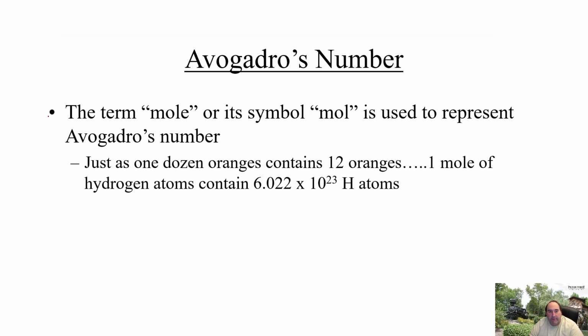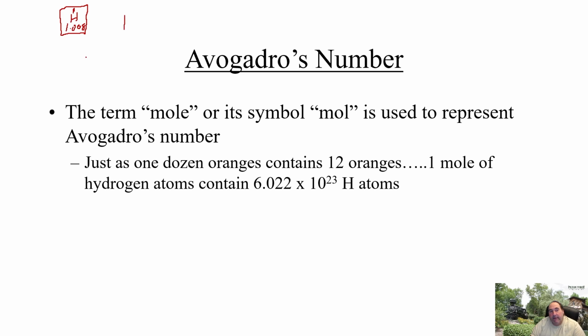So Avogadro's number, as we talked about in the term mole, is used to represent a certain amount of something. For example, going back to the periodic table, we could take any element from the periodic table, and we'll use hydrogen as the example there. We've got 1.008 and 1 up on top.